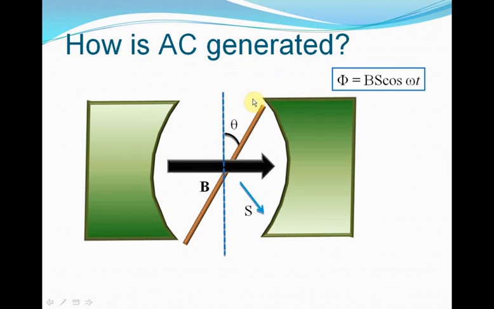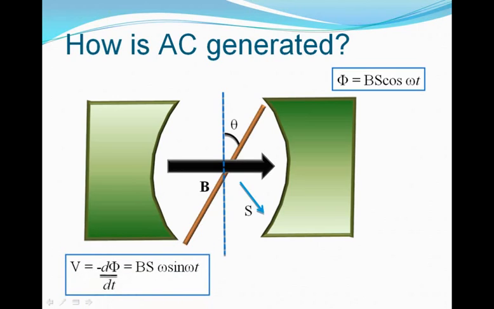So since the flux passing through this coil is BS cos omega t, we can calculate the induced EMF in this coil. We already know that the EMF through the coil will be minus d phi by dt, isn't it? Because when flux varies, EMF is produced. And so d phi by dt will be BS omega sin omega t.